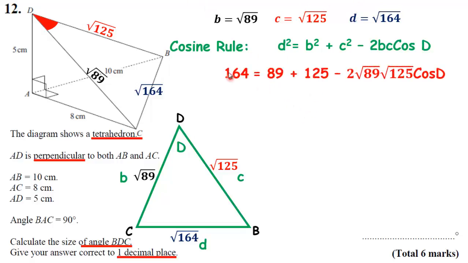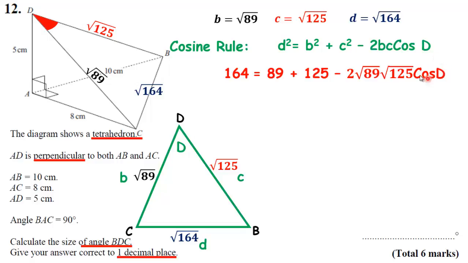So the square root of 164 squared is just 164. The square root of 89 squared is 89. The square root of 125 squared is just 125. And then I'm going to write in all the other values of b and c over there.